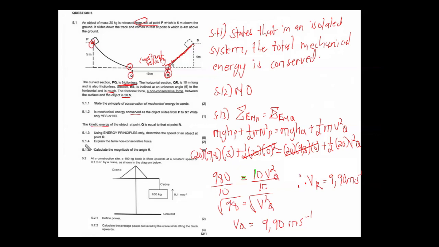And then 5.1.4 says, now explain the term non-conservative force. So once again, do not be lazy to define, guys. If you want to save yourself time and energy from being busy wanting to memorize this just a day before you write, you can simply, every time you're practicing your question papers, write the definitions.